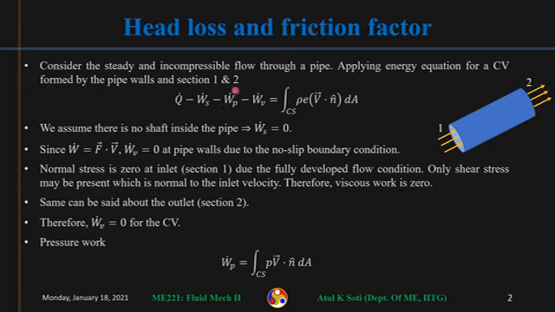So what is pressure work? Same definition. Pressure work will be equal to dot product of pressure force and fluid velocity. So pressure force is P into n cap. Now this is work done by the control volume. The force acting on the control volume will be minus P times n cap, where n cap is the normal vector to the control surfaces.